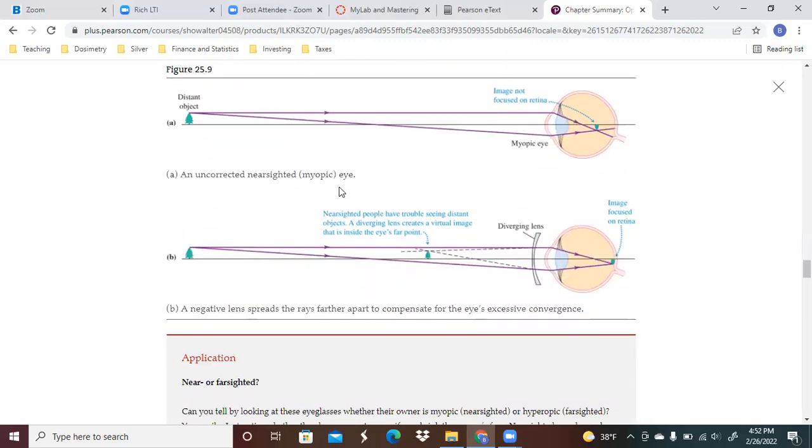For an uncorrected nearsighted, myopic eye, again, the light rays converge here off of the retina and inside the eye. So nearsighted people have trouble seeing distant objects, and a diverging lens creates a virtual image that is inside the eye's far point.